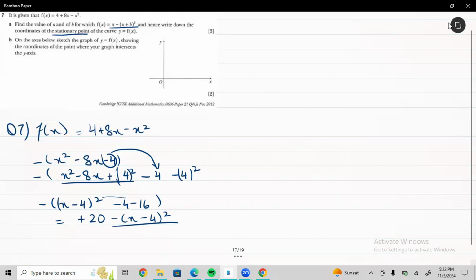Again, what I promised is that I was going to tell you why this x squared minus 8x plus 4 squared is turned into (x - 4) whole squared. Basically, we know that (a - b) whole squared is equal to a squared minus 2ab plus b squared.